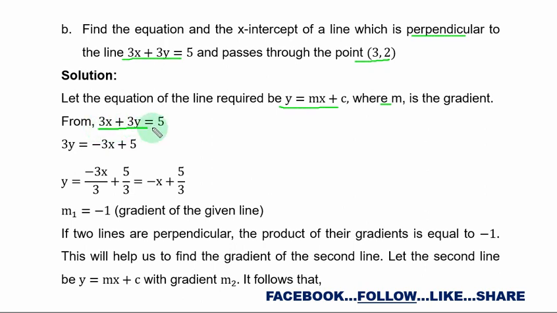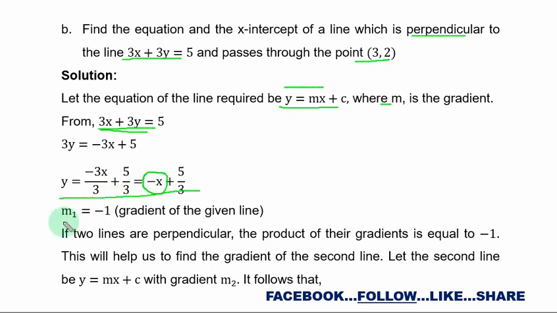From the given equation, you need to get the gradient of the given line. So you transform the given line to this form by simply solving for y, and that gives this. Now m, the gradient, is the coefficient of x.